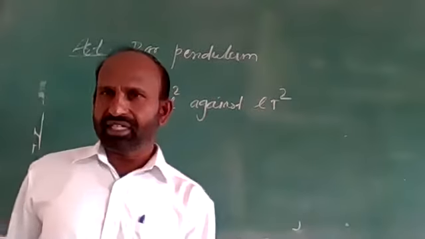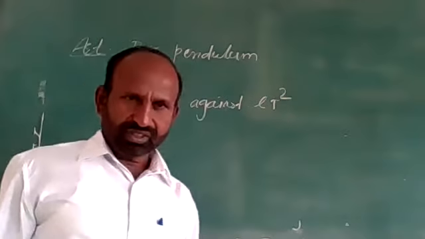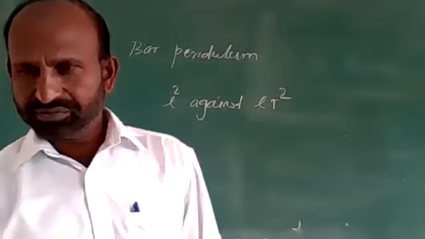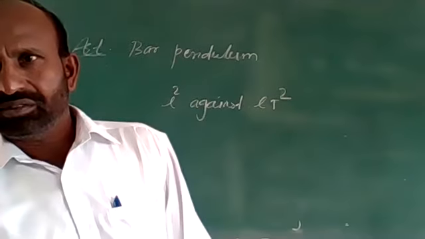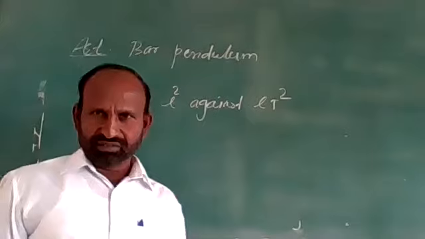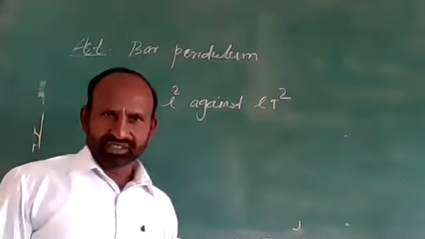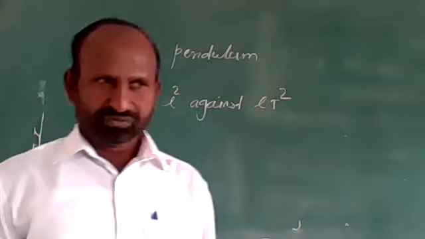Now what are these L and T square? L is the distance of point of suspension from the center of gravity, and T is the corresponding period.